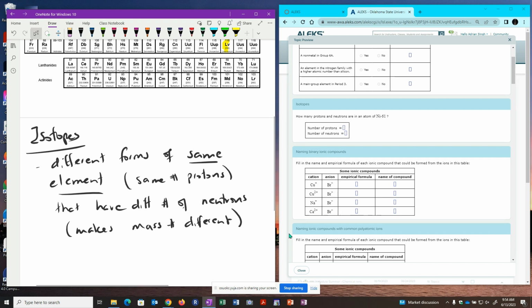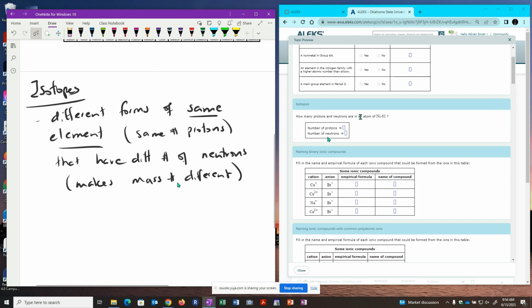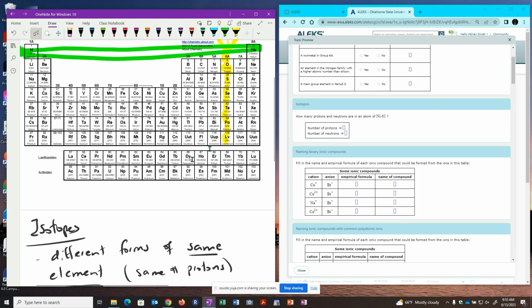So it says how many protons and neutrons are in an atom of nickel-61. So this notation is one of the notations that's used to represent different isotopes. So this here tells us a couple things. Obviously, Ni means nickel. Maybe not obviously, because you're still getting used to the periodic table, but you can look it up on yours.